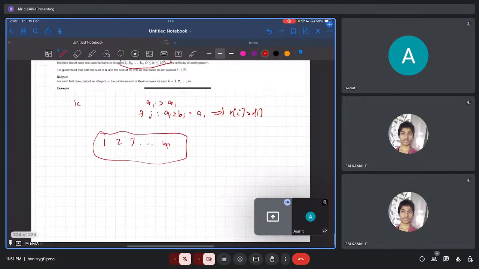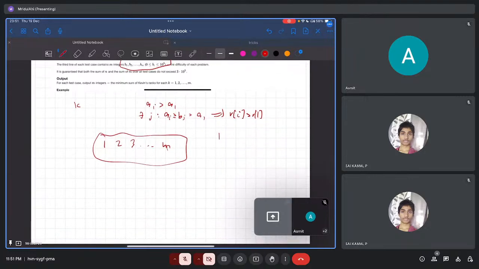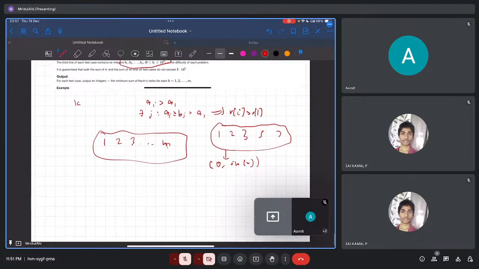Normalizing means converting a vector into another vector such that each number is in the range 0 to size of vector and the ordering remains the same. So this would be converted to 0, 1, 2, 3, 4.